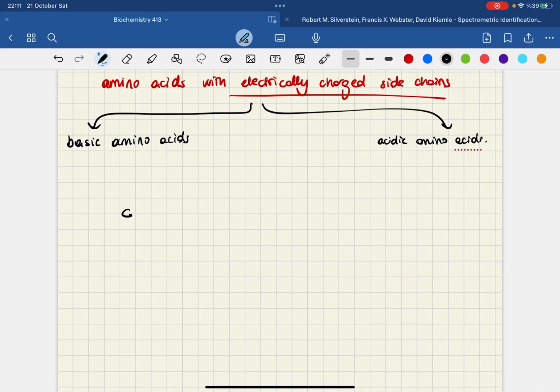We have our beta carbon and we have our alpha carbon over here.